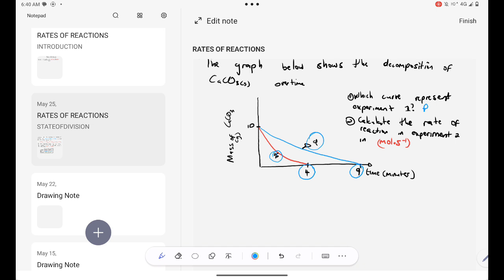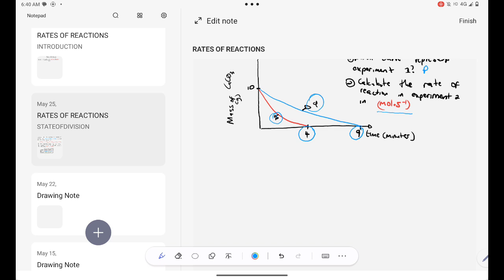Okay, and then now we are supposed to calculate the rate of reaction in experiment 2, and our rate of reaction should be in moles per second. I know the initial mass of my calcium carbonate, right? That was 10.